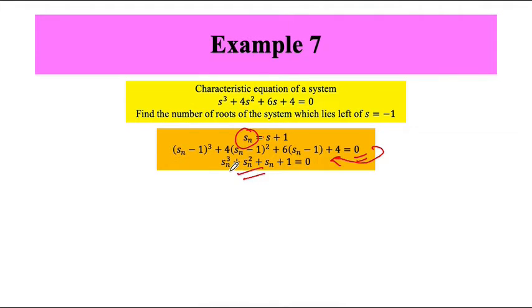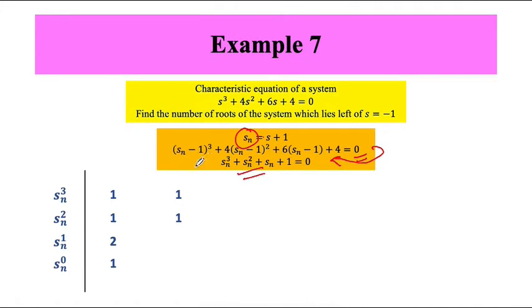So you find the characteristic equation in terms of Sn is Sn cube plus Sn square plus Sn plus 1 equals 0. Now the Routh array of the new equation is Sn cube, Sn square, Sn1, Sn0.